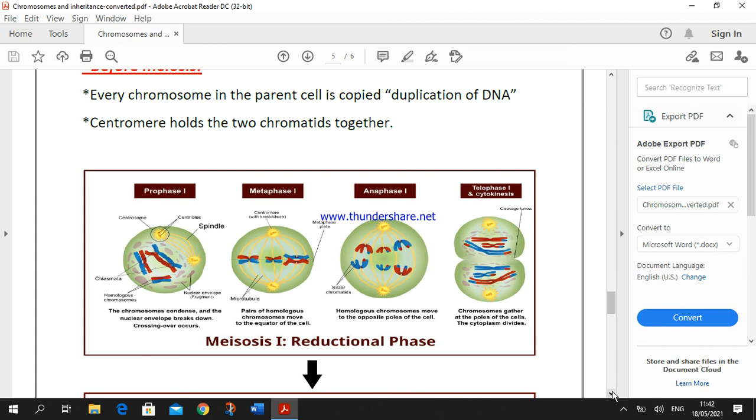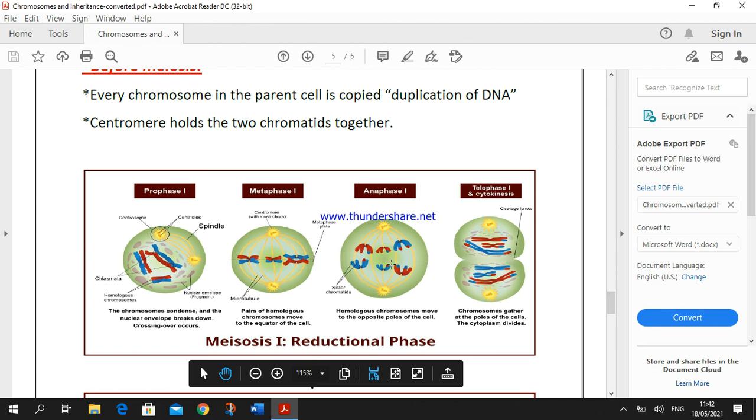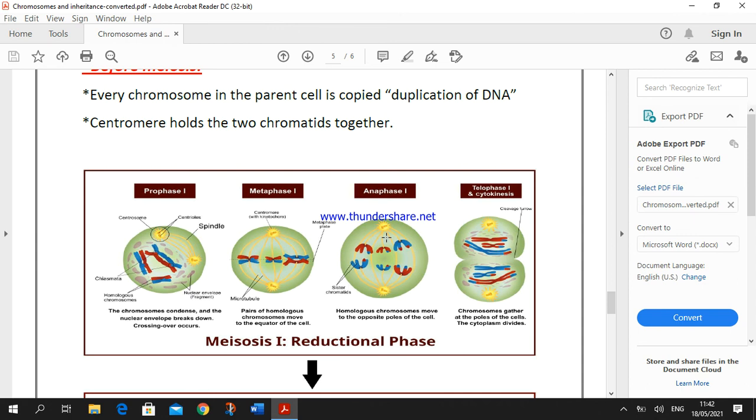Then the chromosome pairs line up at the middle of the cell, and the pairs separate and move to the opposite ends of the cell. After that, two cells form. Each cell has half the original number of chromosomes, and each chromosome is still made of two chromatids, because the separation occurred without splitting of the centromere.